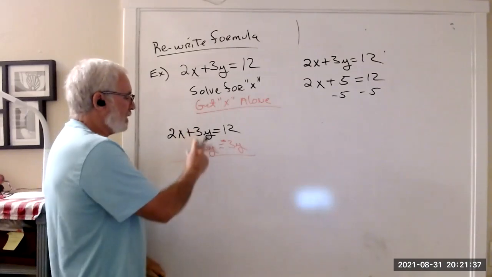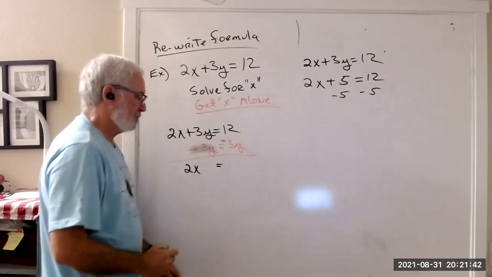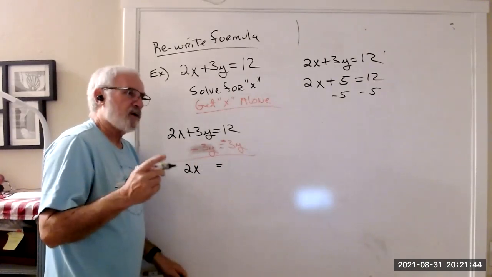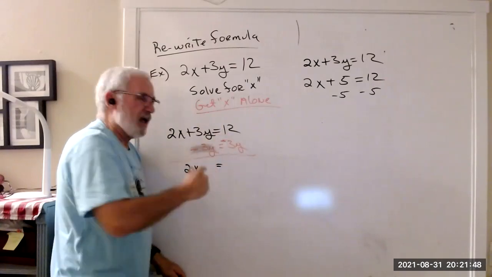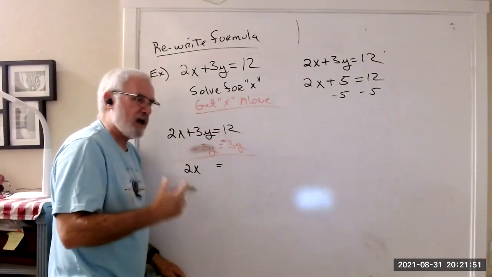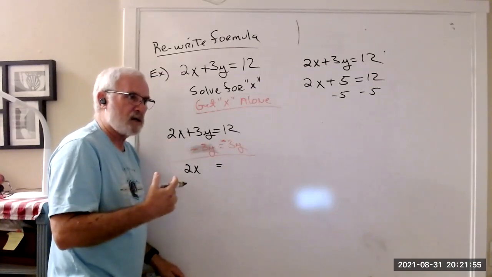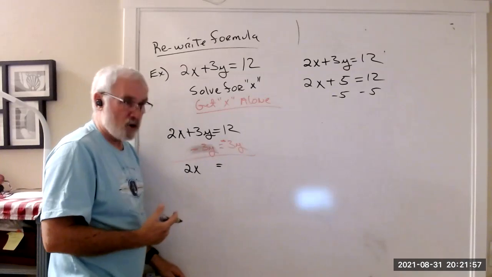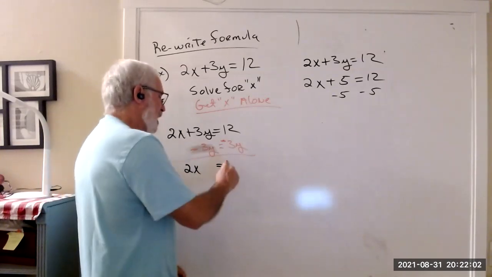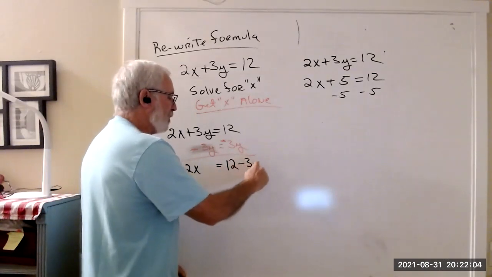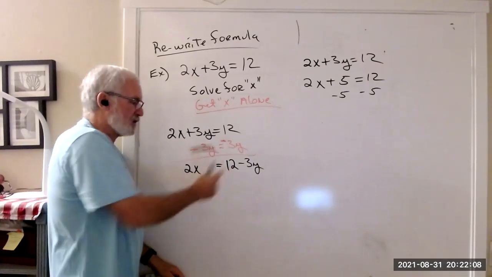I know that 3y take away 3y goes away, so this becomes 2x equals 12 take away 3y. Can you actually do that in an algebra class? Can you actually do 12 take away 3y? And the answer is no. They're not like terms. I just know that I can't. So that's my best option.